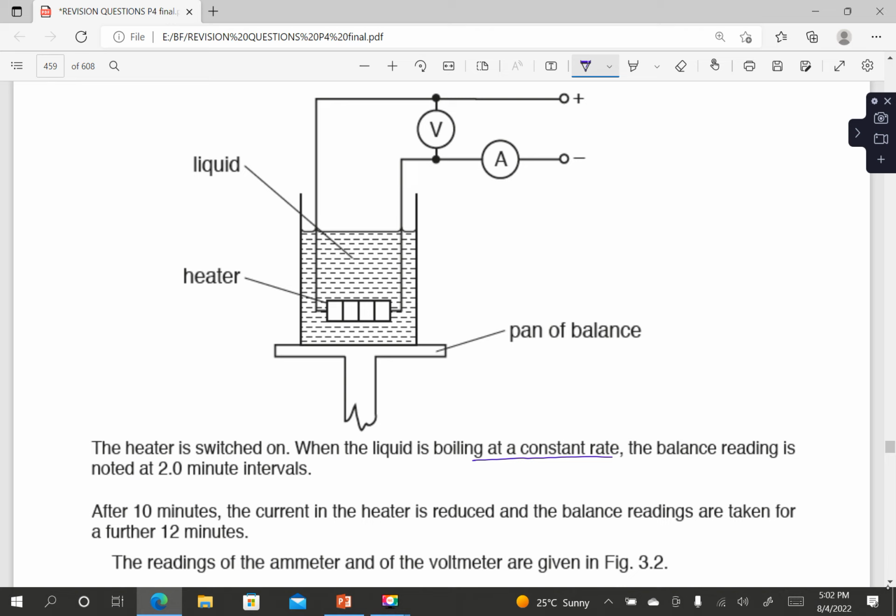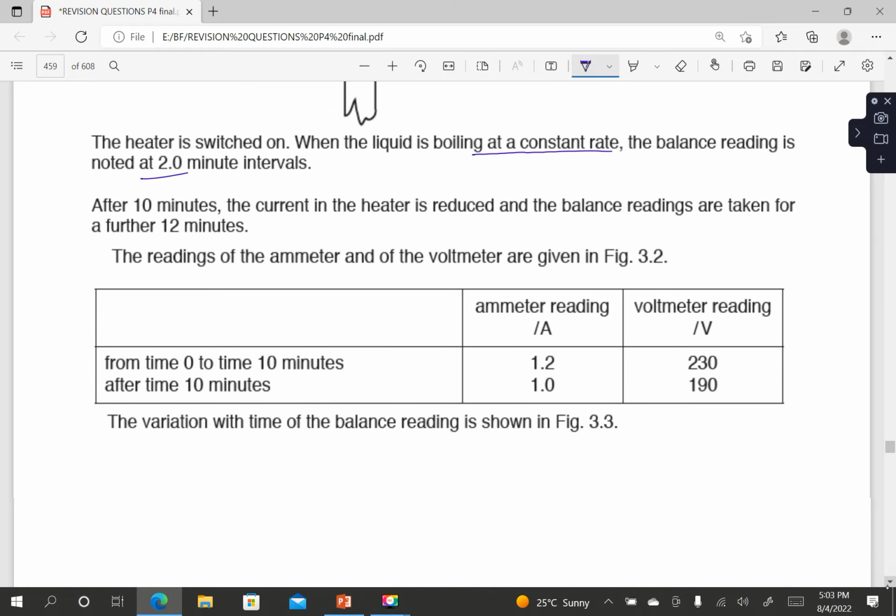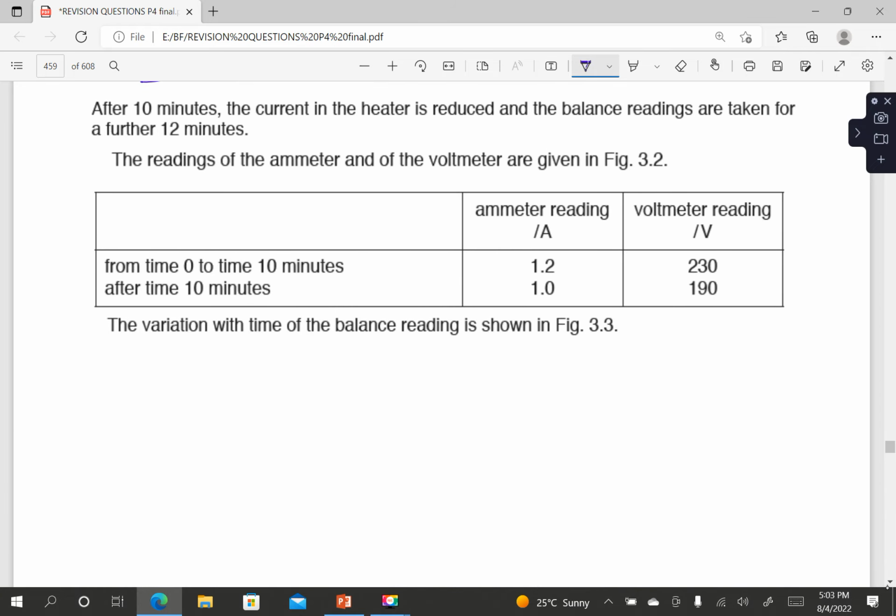The balance reading is noted at 2.0 minute intervals. After 10 minutes, the current in the heater is recorded. The balance readings are taken for a further 12 minutes. The readings of the ammeter and of the voltmeter are given in the table.